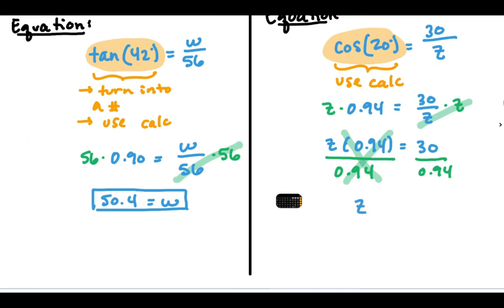On the left side, I'm just left with z, and on the right side, I just need to do 30 divided by 0.94. So let's do that. 30 divided by 0.94. I get 31.91489, and so on. Let's round to 2 decimal places. That would be 31.91.